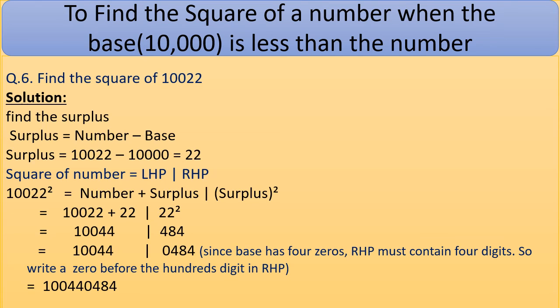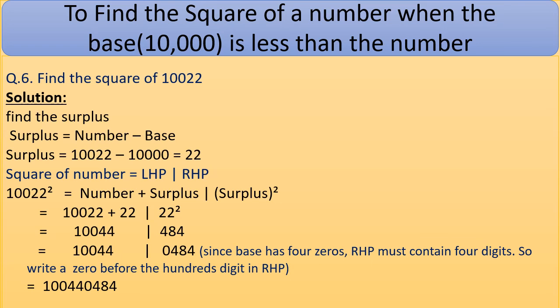Now the square of the number will have two parts, LHP and RHP. LHP formula is number plus surplus and RHP is surplus square. Now number is 10022 plus surplus 22, and RHP will be 22 square. Now LHP will be 10044 and RHP will be 484.